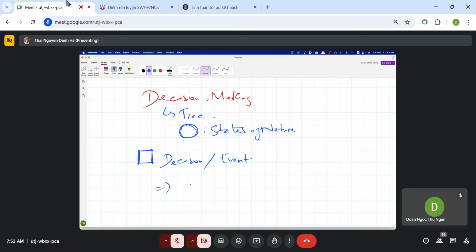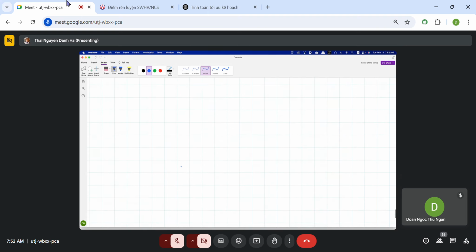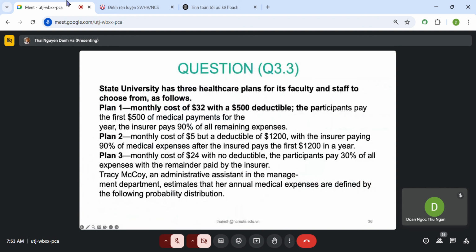Our mission is to find out the payoff. Based on the payoff, we can make the decision based on some different situations here. And now, how many decisions do we need to make in this question? You can see that now they have three different plans, plan one, two, three, and that's it.